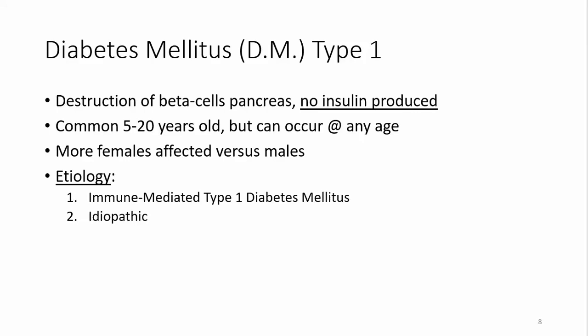So it's immune mediated, and the beta cells are destroyed with autoimmune issues. Anybody that doesn't have type 1 diabetes from that has what's called idiopathic type 1 diabetes, which literally means we don't know what's causing it. Something has caused the destruction of the beta cells.